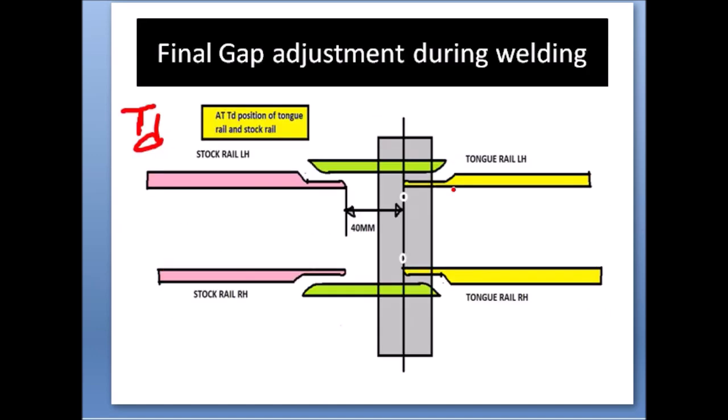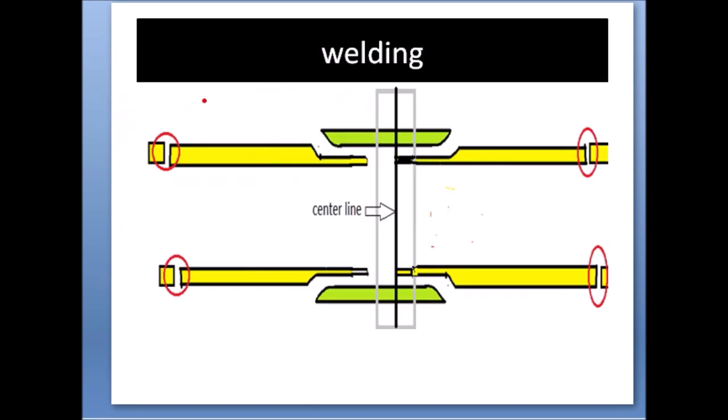When you are doing welding, if the temperature is TD and the position of the tongue rail is exactly at the mean position, then you can directly weld the SEJ.